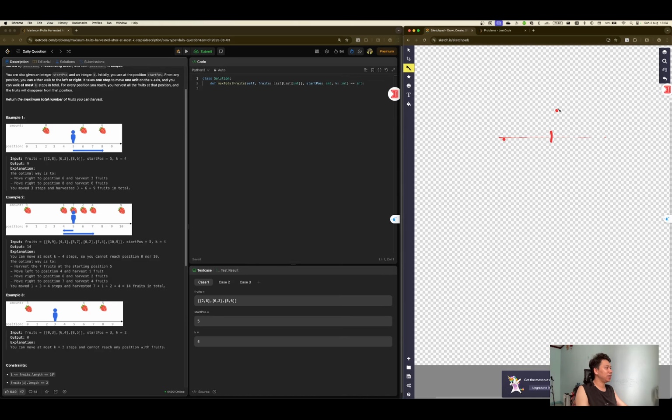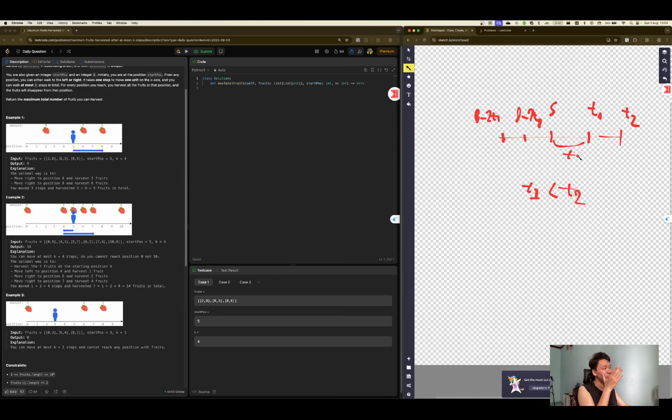Okay, this is S, this is T1, and this is T2. So this position is K minus 2T1, and this position is K minus 2T2. Why? Because the T here is distance, not the actual position. Sorry guys, the distance.